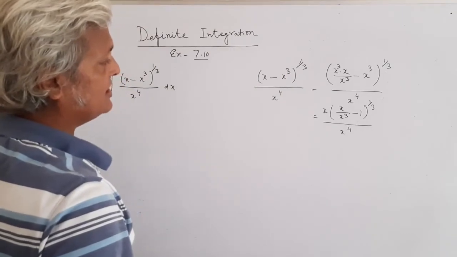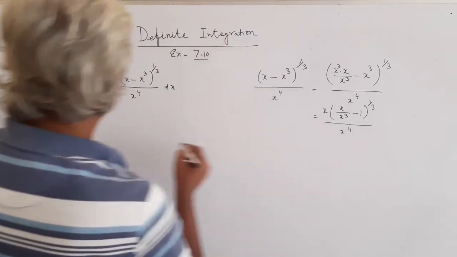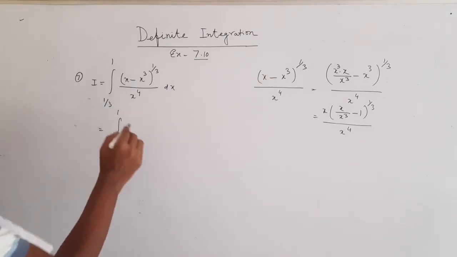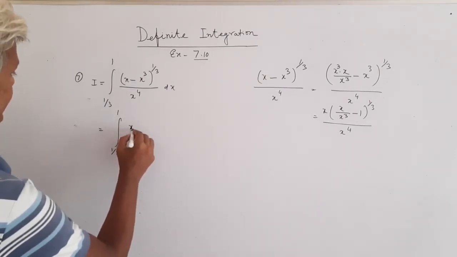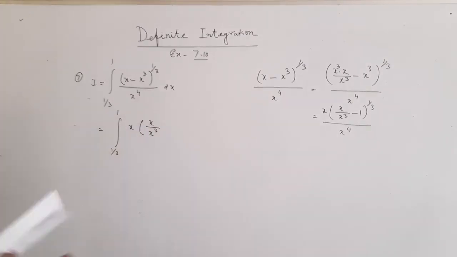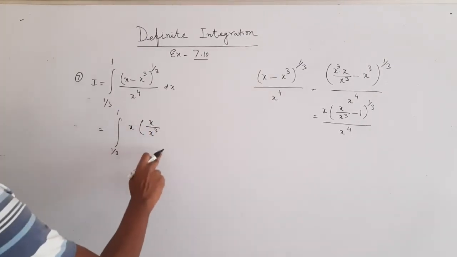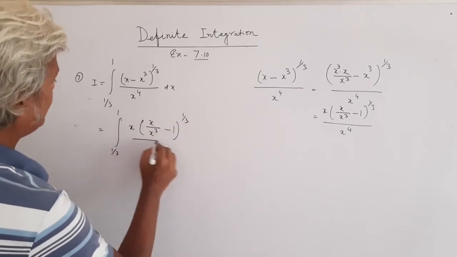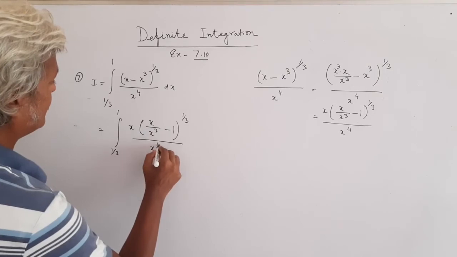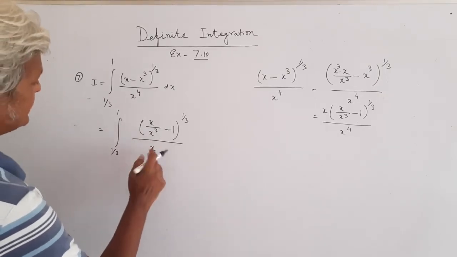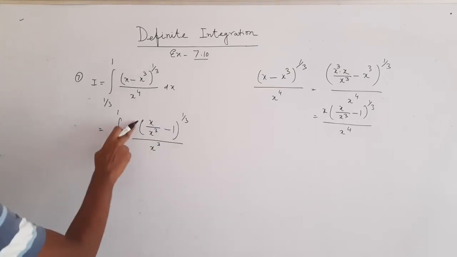Now see the interesting part: this x cancels, and this will be written as x over x. So this is x times (x minus x cube minus 1) to the power 1 by 3 over x to the power 4. Now I cancel this x by this x, and this becomes x to the power 3 because x was cancelled.